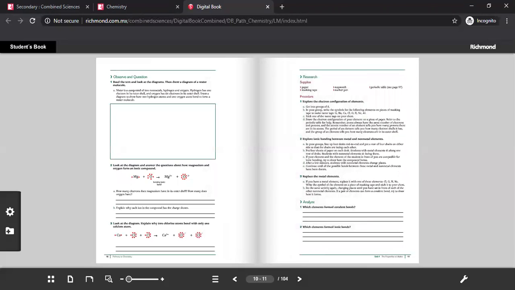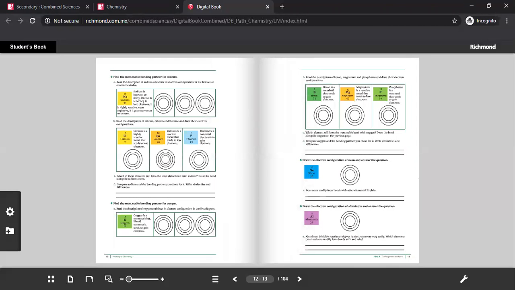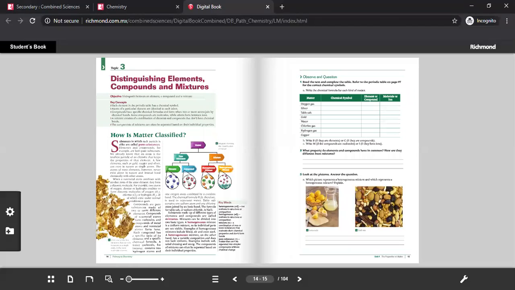Then, going on with the book, we also studied how matter is classified, and we talked about elements, compounds, and mixtures. And we said in which circumstances we can separate the elements, right? Not the chemical elements, but for example, in a salad, you can separate, right?